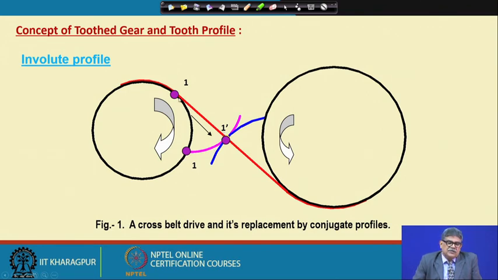Now, if we consider each and every point and draw a locus, then we will get this profile on this drum.